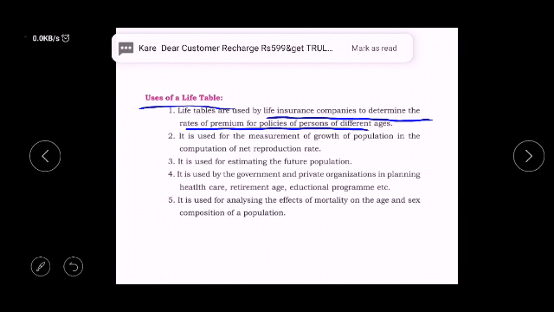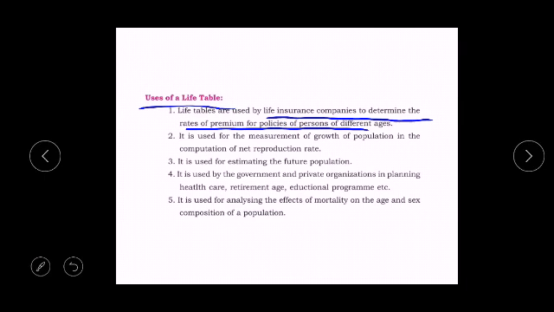So here, at different age groups, people's surviving or mortality conditions are different. Depending on that, life insurance companies will fix the premium.